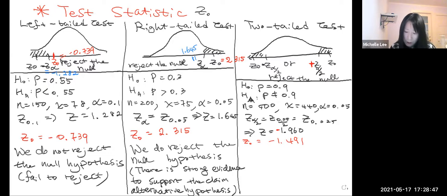Z naught is here, negative 1.491, and Z sub alpha over 2, which is negative 1.960. So Z naught is inside, not in the left tail, right?